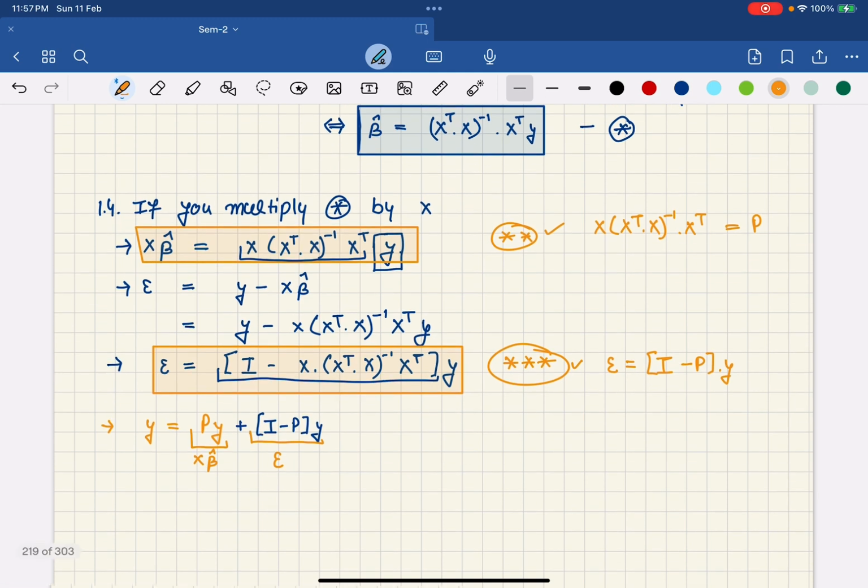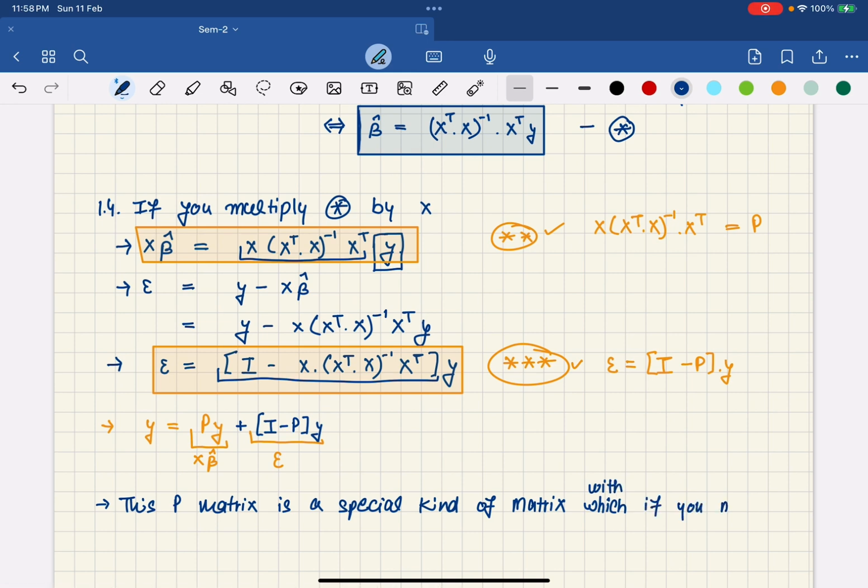So this P matrix is a special kind of matrix with which, if you multiply y, you will get the image of vector y on the plane.